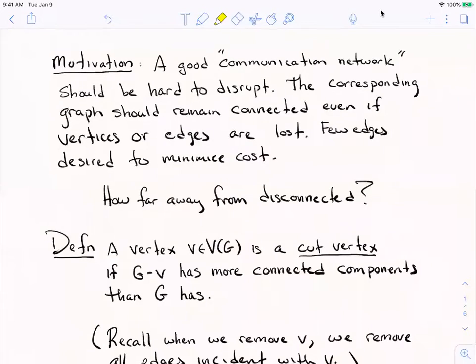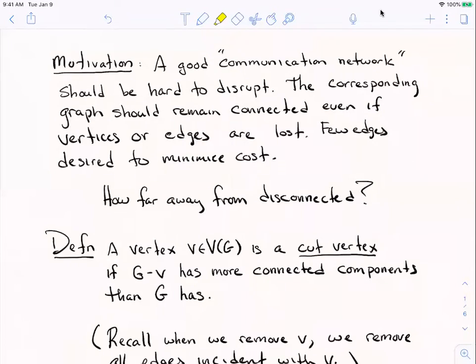If you're thinking about this communication network as a graph, if we lost vertices or edges in the graph, we still want the information to flow around. Typically, edges would correspond to costs, building pipelines or running wires or cables or something like that. So we'd like to have as few edges as possible.